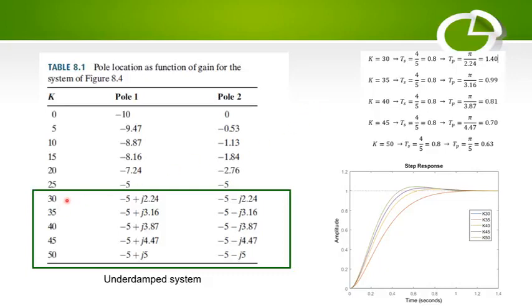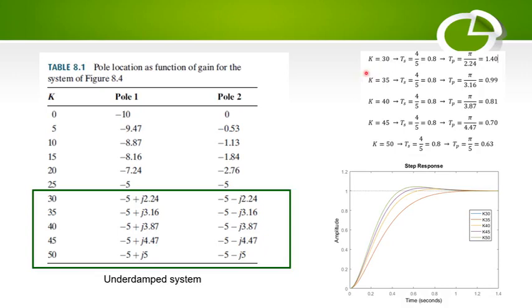Consider K values from 30 to 50, where the poles are complex poles, meaning that the system is operating with underdamped response. Let us calculate the settling time and the peak time of the response using the equations given in the previous slide.